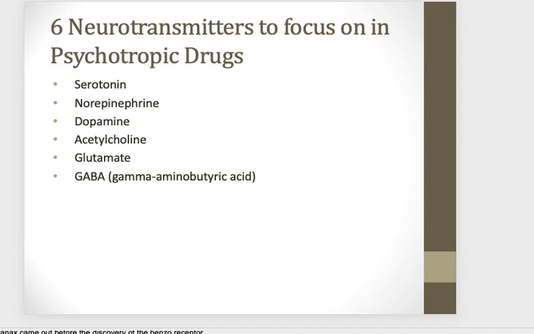It brings it up. Glutamate's also being studied now. That's the believed mechanism of action of ketamine for depression, where the glutamate is excitatory. It actually causes neurons to kind of reactivate, which can then properly send the signal up and down the pathway. So those are our six neurotransmitters to focus on.